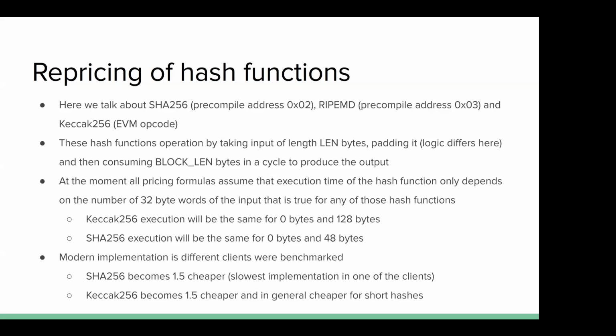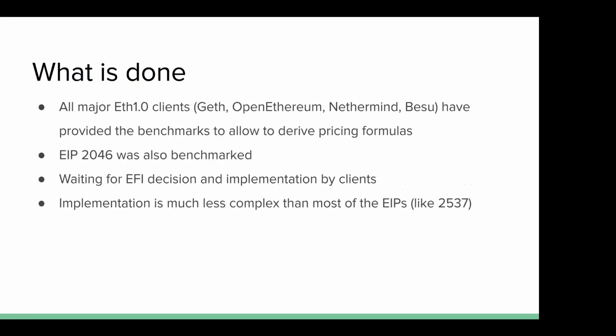Okay, so then we can continue to the current state. As we discussed during the previous few slides already, all major clients have provided the benchmarks for current implementations, which allow to derive pricing formulas. So it was possible to determine all the necessary constants in the pricing formulas. EIP-2666 was also benchmarked by all major clients.